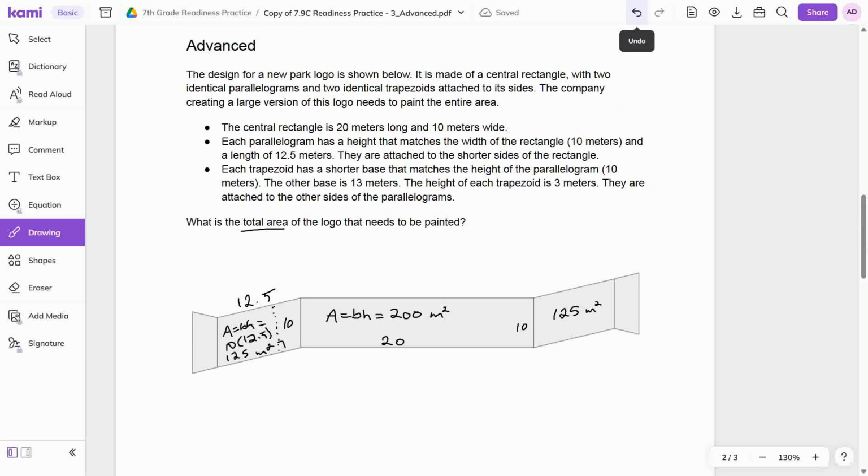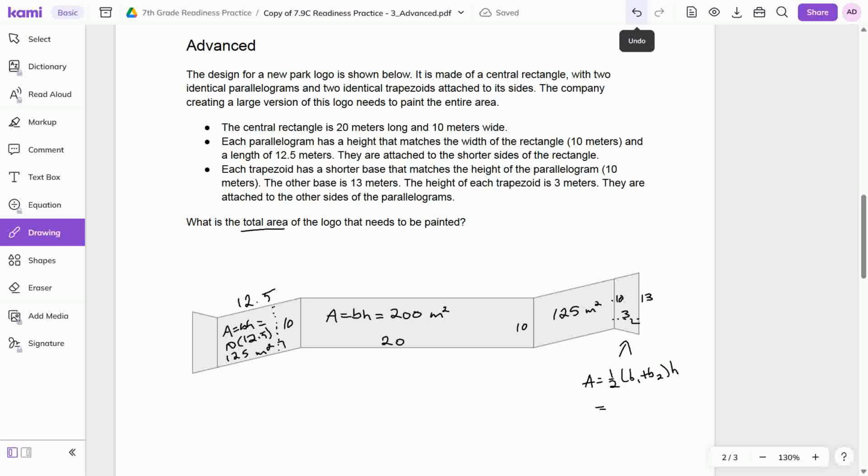So we've got the shorter base that matches the height, because we're dealing with 10. The longer base is 13. And then our height here is going to be this way, and it's 3. All right, so our area here is 1/2, and then we have to add the two bases, base 1 plus base 2, multiplied by height.